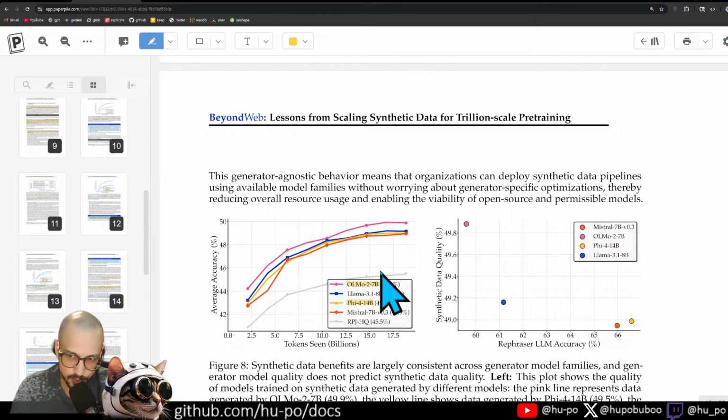It should be able to rephrase better, and therefore the synthetic data that you generate from it should be better. But that's not what you see, right? You actually see that Olmo 27B is higher up here on this accuracy, which means it's generating higher quality or better synthetic data.